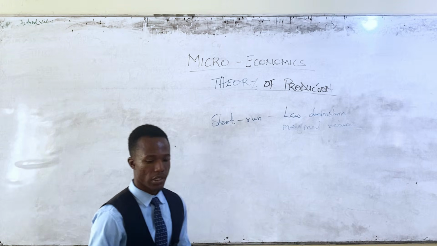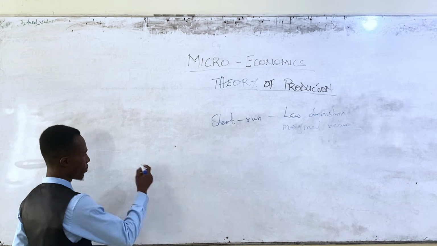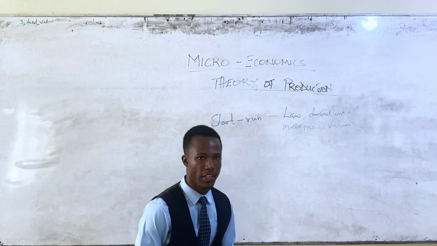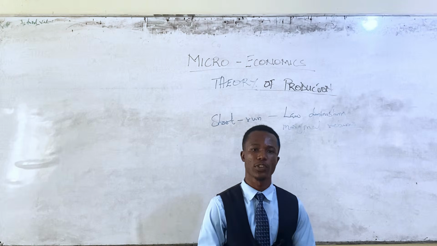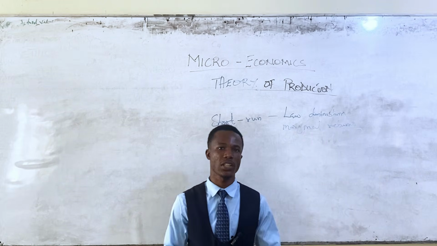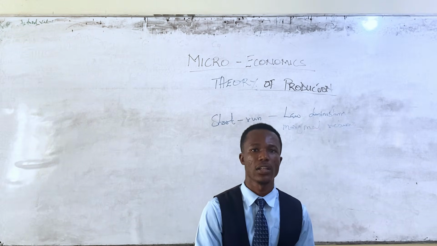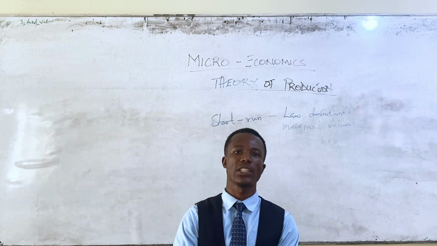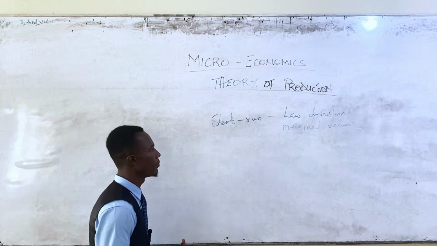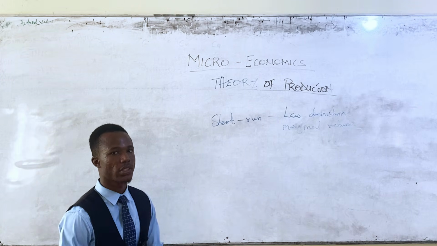Okay. Let's look at the total product. When we talk about the total product, it's very simple here. The total product is mostly given to you in the question, okay? Because you cannot calculate the total product, but there is an assumption under microeconomics, everything is assumption, that if you have a fixed factor such as land and you bring in labor, then the more labor you bring on board, it means they are probably going to diminish returns.